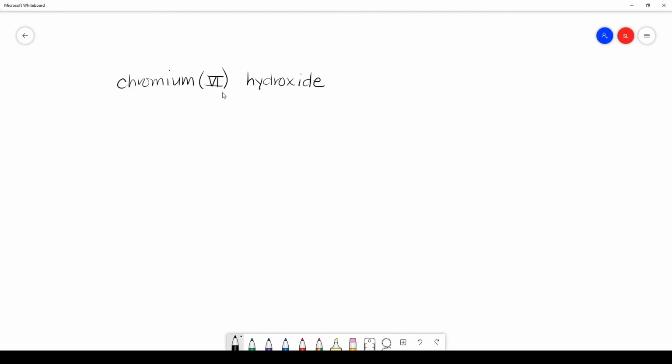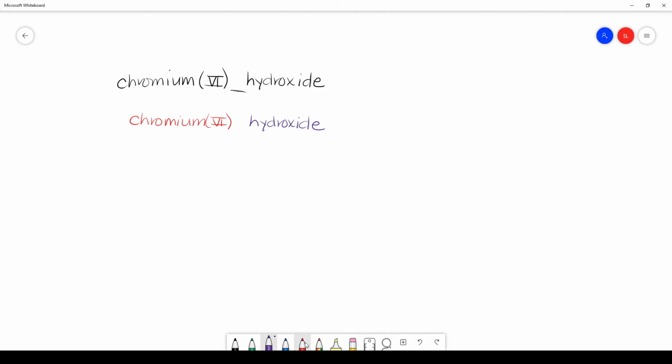The cation is the first word, the anion is the second word, and there's no space between the element and the Roman numeral. I probably could have written this a little bit closer, but the only space is right here between the cation name and the anion name. I'm going to rewrite this. So I have chromium(VI) as my cation and hydroxide as my anion.